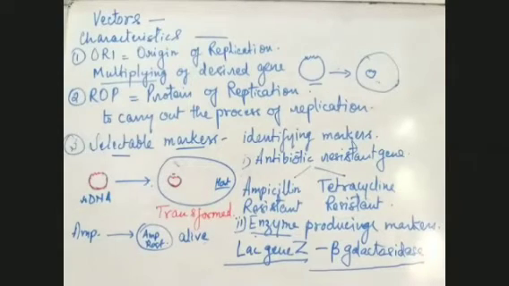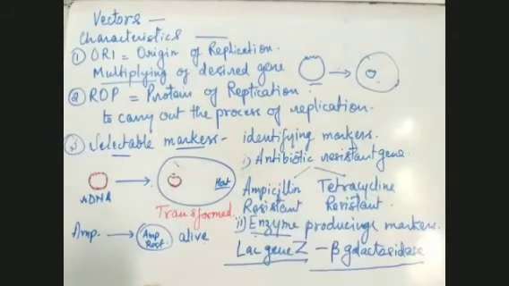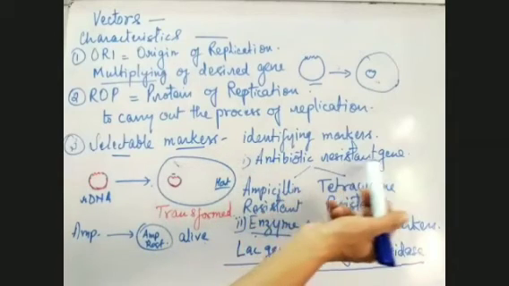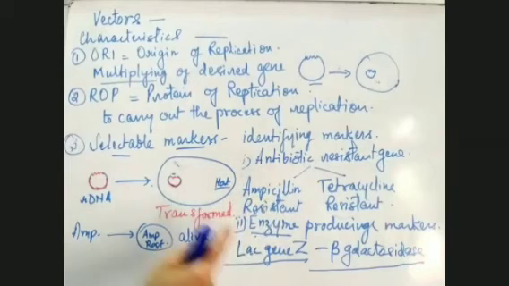So when I say that an ampicillin antibiotic resistant marker has been put, that means this vector has some antibiotic resistant marker. Resistance means they are able to resist some antibiotic. Ampicillin is one antibiotic, tetracycline is one antibiotic.